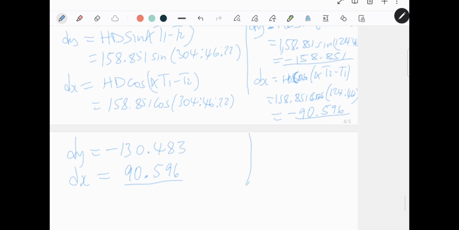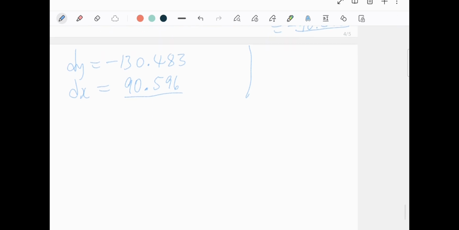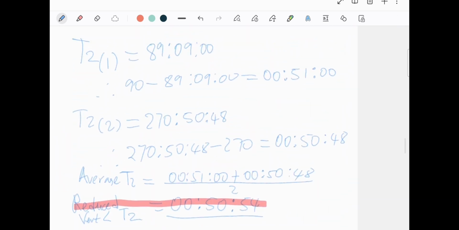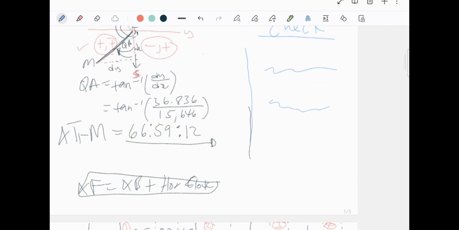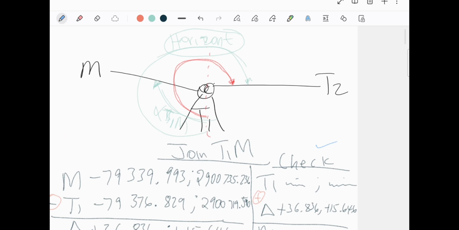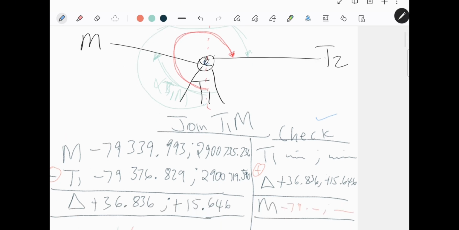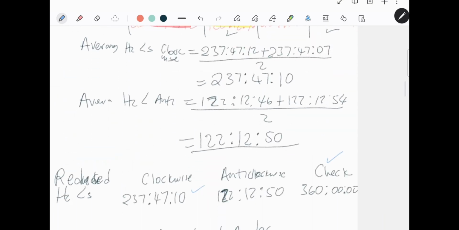So now you have your dy, your dx, your changes. You can find your coordinates. Remember, we're moving from where? If we come back here, we are moving from the known, from T1 to T2. So we need the coordinates of T1. Then we add our changes.